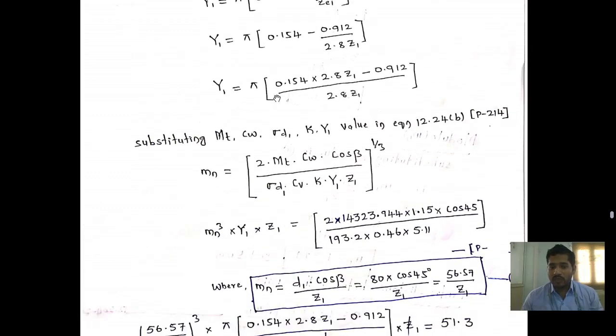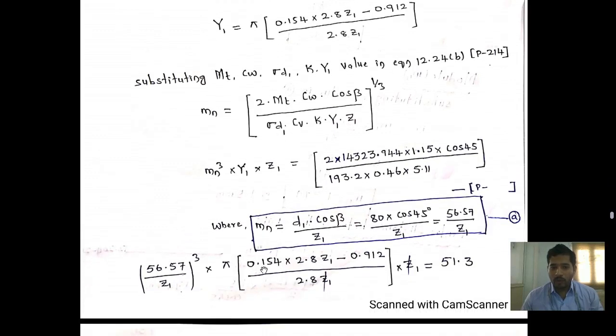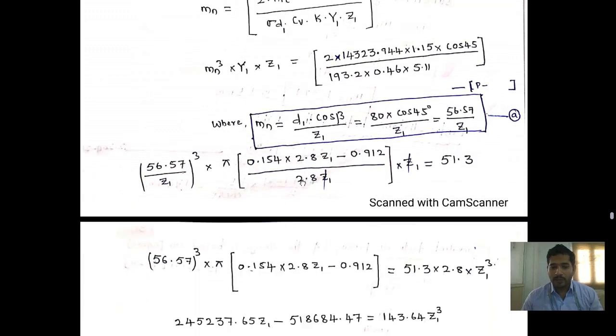Substitute pi into 0.154 into 2.8 z1 minus 0.912 by 2.8 z1, into z1. This z1 and this z1 will cancel. The remaining, if you divide the whole value, gives the answer 51.3.